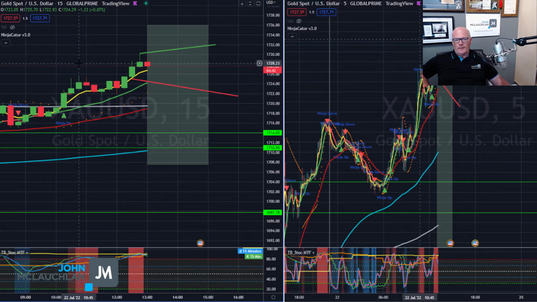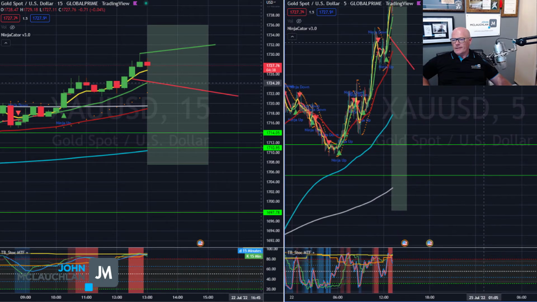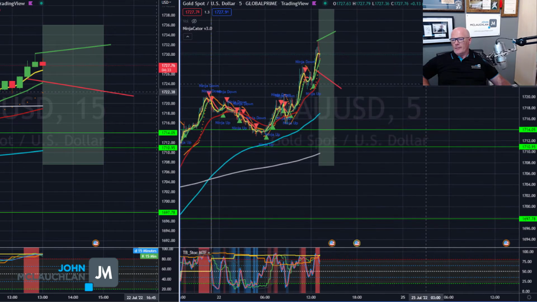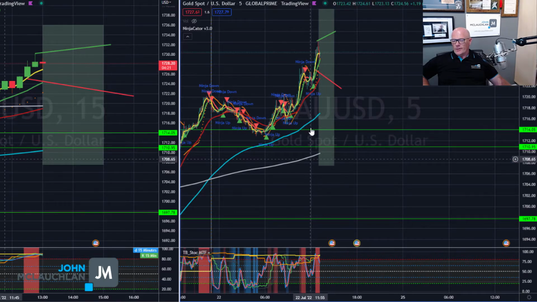Now that's on the 15 minute, and you can see how this is different on the 5 minute. On the 5 minute, look, every line is a potential take profit level, and wherever there's a line on the chart, the price will either bounce or break.